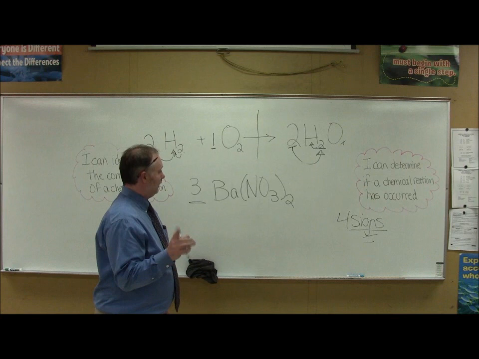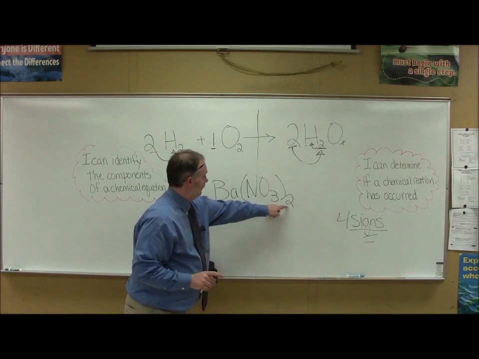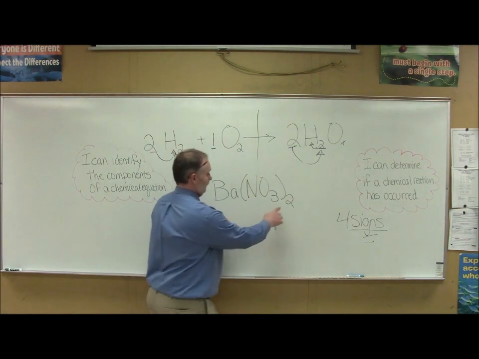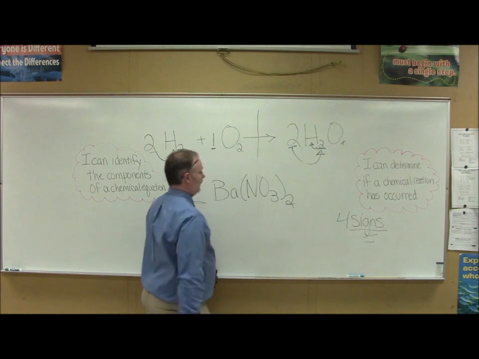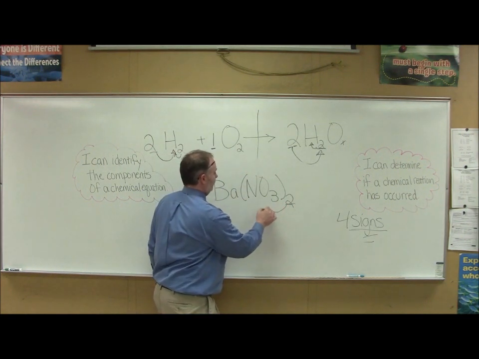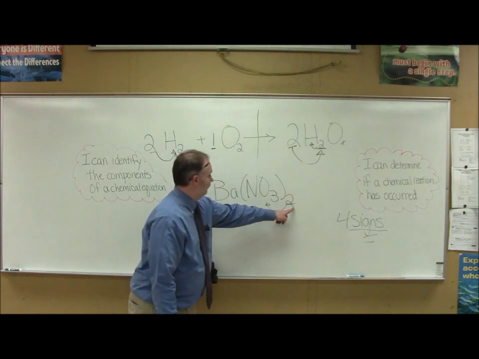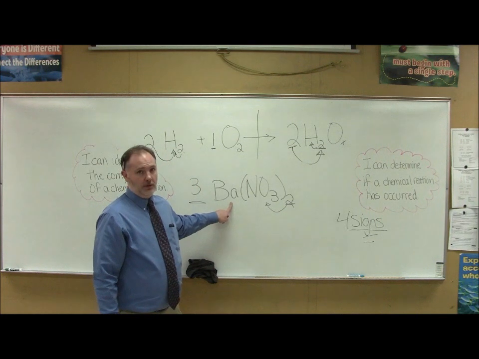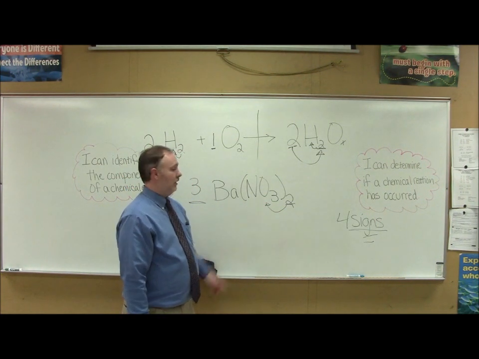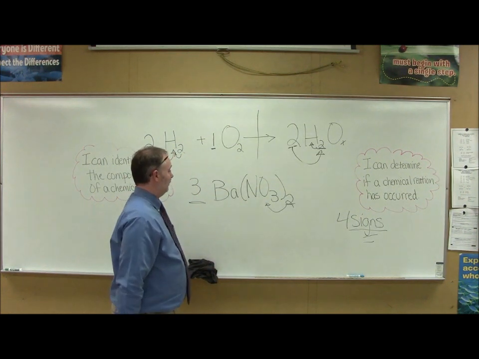So what I want you to realize here, the 3 goes to every single thing in the whole formula. All right? But the 2 out here on the outside of this parenthesis gets distributed only in to the nitrate, NO3. The 2 will not go with the barium. It'll go to the nitrogen and oxygen in nitrate, but not to the barium. So be careful when you have something like that.